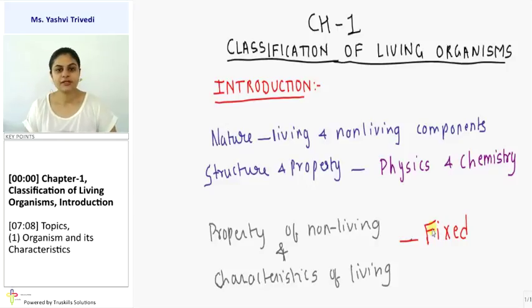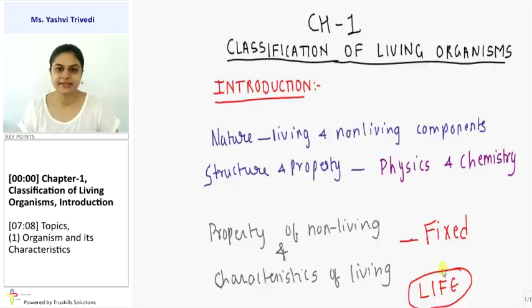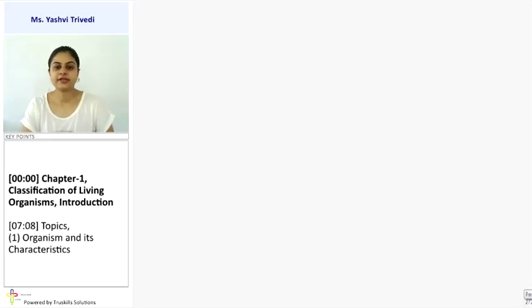If we consider the property of the living organism, then the most important property of a living organism is life. Life is the basic and most important property for a living organism. Now, if you want to define life, what is life? And how can we say that that person is living or that thing is non-living?